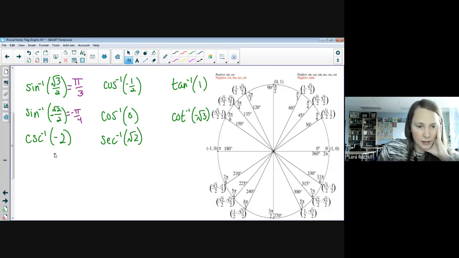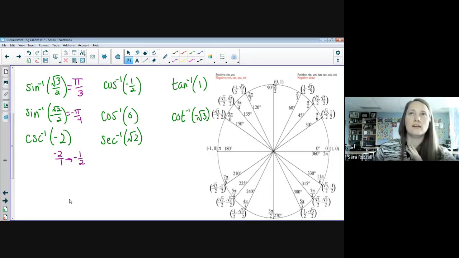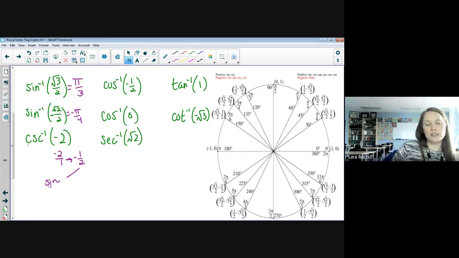So that's the way that I work these problems. I'm going to do negative 2 over 1. When I flip it, that becomes negative 1/2. So if cosecant was negative 2, that means I'm looking for a sine value of negative 1/2, because cosecant and sine are reciprocals.